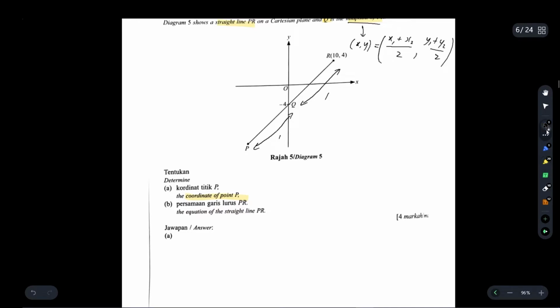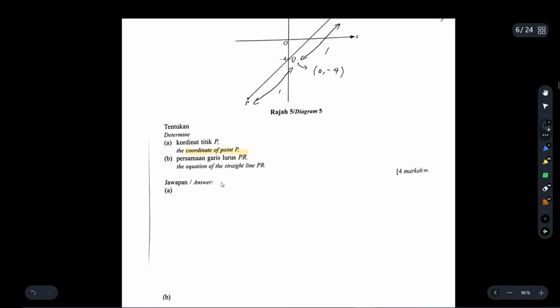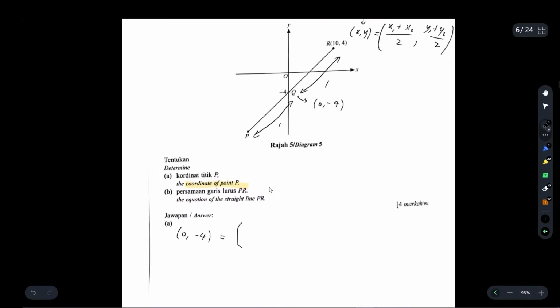Since we know that Q is the midpoint, the coordinate of Q is 0, -4, because it's a y-intercept, that's why its x coordinate is 0. So 0, -4 equals, let's call this point P, xP and yP.